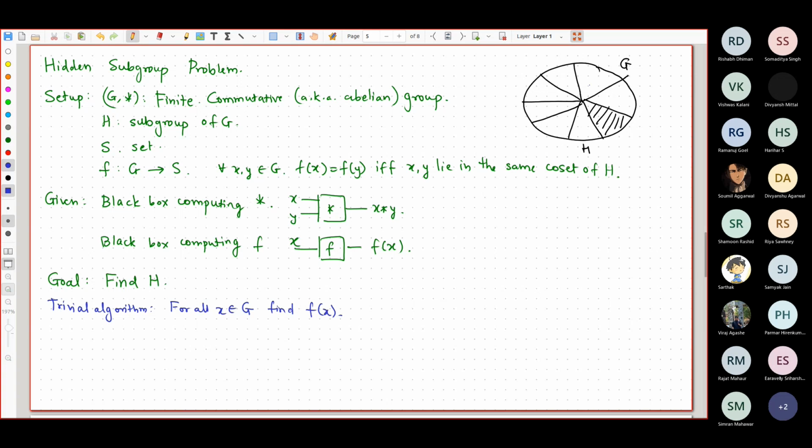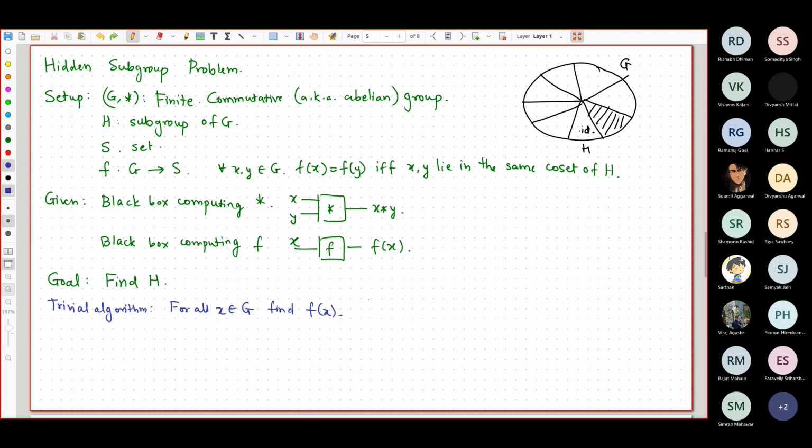Right, and now what is the subgroup H? Obviously, remember the identity element of G is always going to belong to the subgroup H, that is for sure. What other elements are going to belong to this subgroup? So this subgroup itself is a coset, right? So an element x is going to belong to this subgroup if and only if f(x) is equal to f(ID).